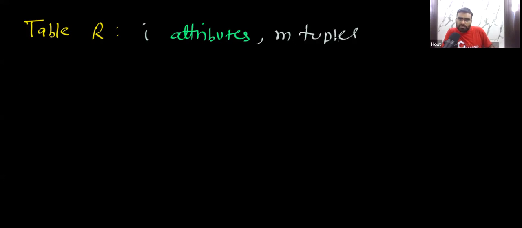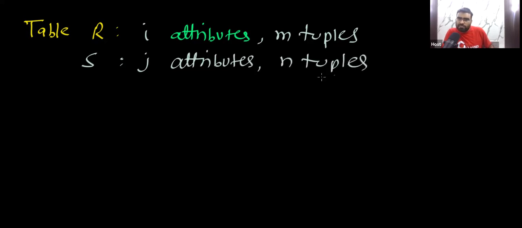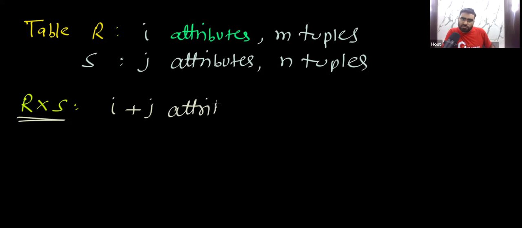If you have table R with I attributes and M tuples, and table S with J attributes and N tuples, now you tell me the answer for the cross product R cross S. There will be I plus J attributes, and there will be mn tuples.